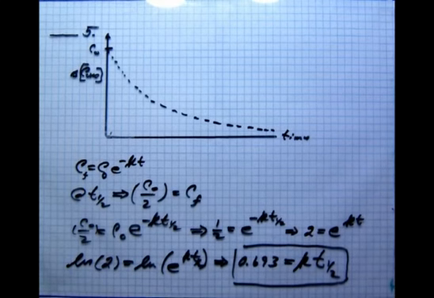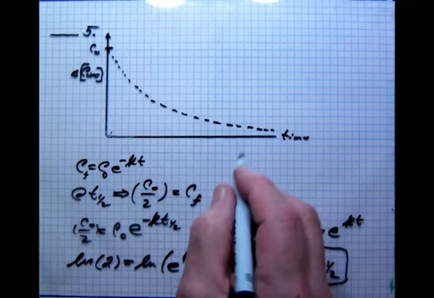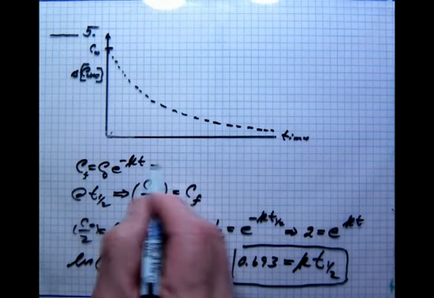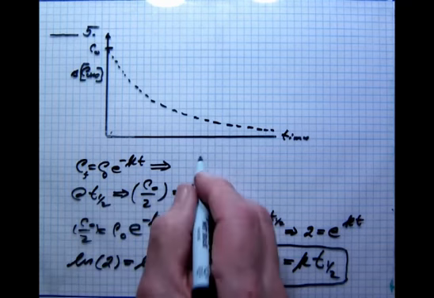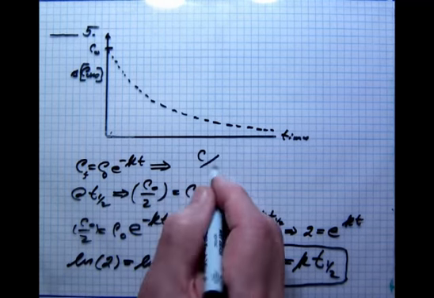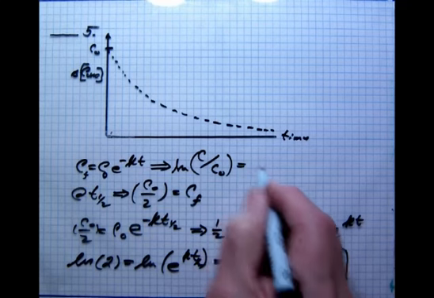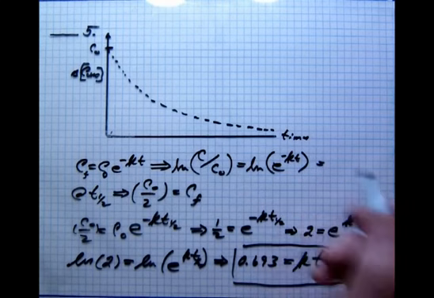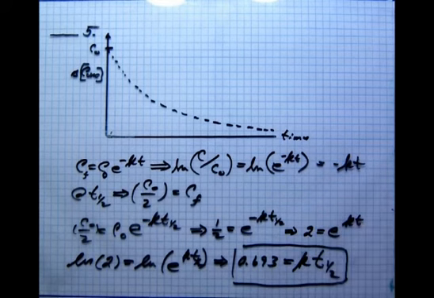Now the ln, all right, we could come over here and let's see, I'll get that second one. From here, you can divide both sides by C sub O, you have C over C sub O, ln of that is equal to the ln of e to the minus kt, which simplifies to minus kt, like that.